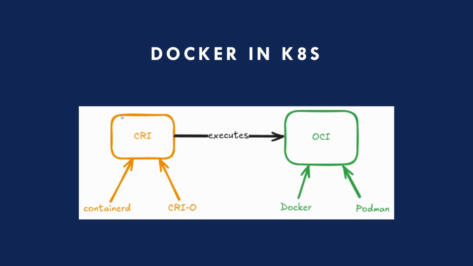And the containers that this container runtime executes are based on a container image or a Docker image, broadly speaking. And this container image is based on the OCI interface. You can have multiple container images, Docker being one of them, and you can also have Podman images that implement this OCI. And then our container runtime will execute these containers that are based on this image.